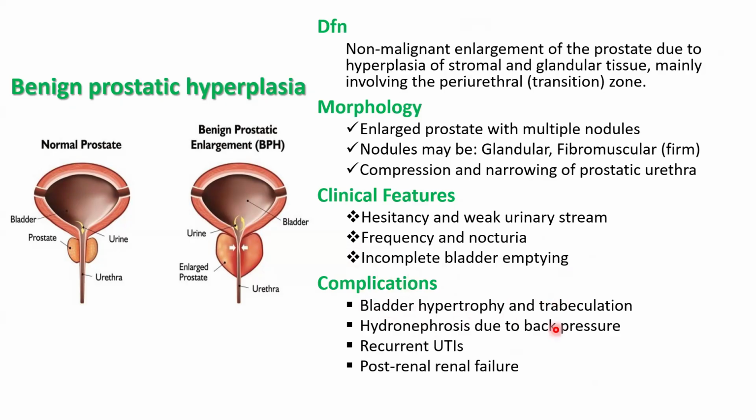And then hydronephrosis due to back pressure: when the bladder is full, the urine accumulates in the ureters, giving you hydronephrosis. Then the person will have increased urinary pressure and recurrent UTIs. And the last thing the person will have is renal failure. Remember, due to obstruction.